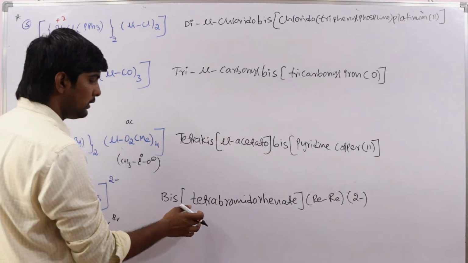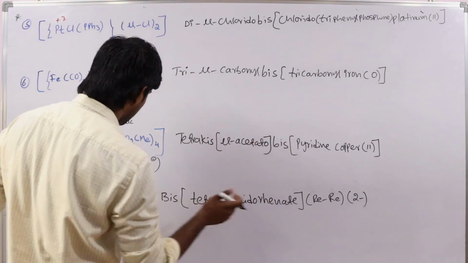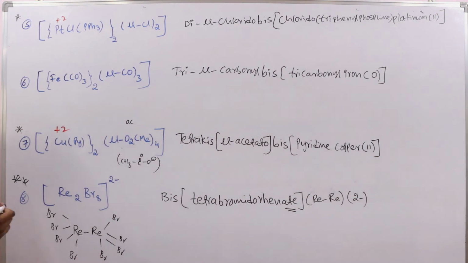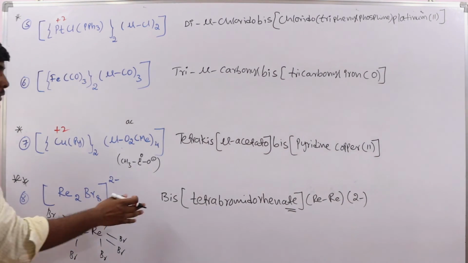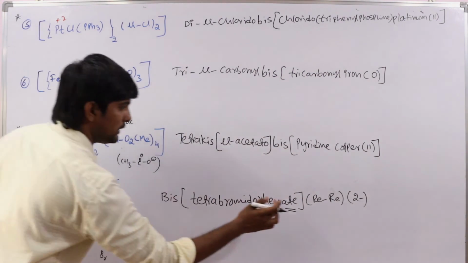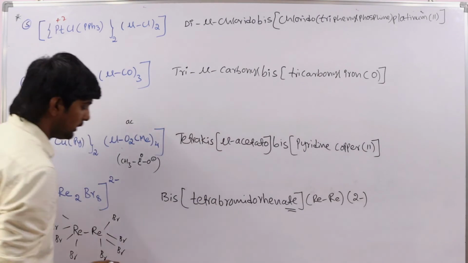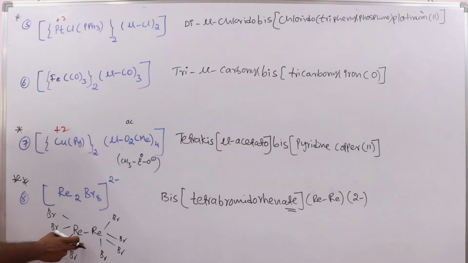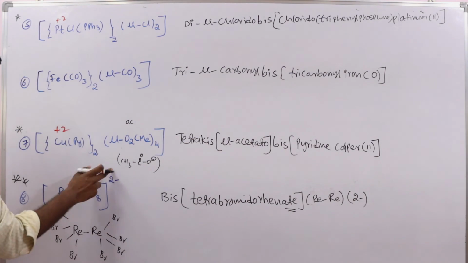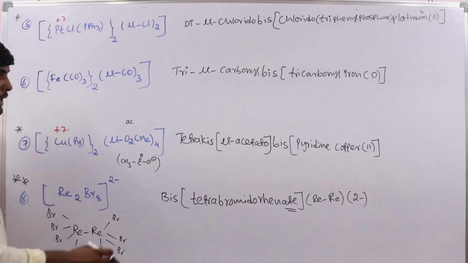We get tetrabromido renate because we have a negative charge. You must be very careful here. We are adding 8, so bis tetrabromido renate, and this indicates that a rhenium metal bond is present, and then the charge present on the coordination sphere.